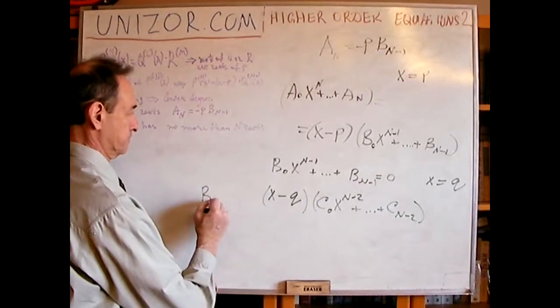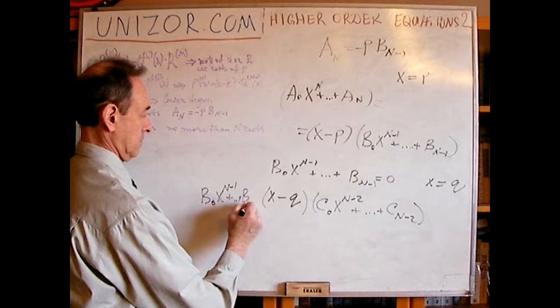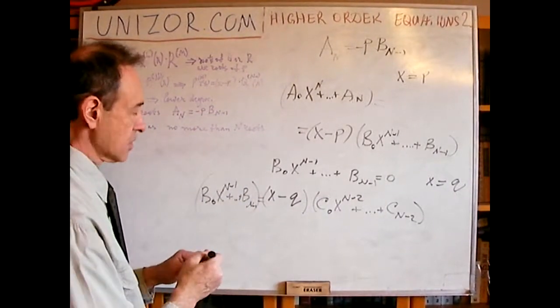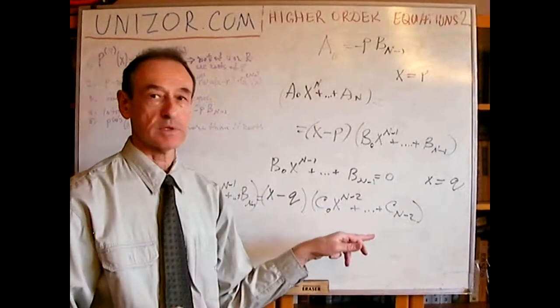This is b. So we have lowered the degree of the polynomial one more time.